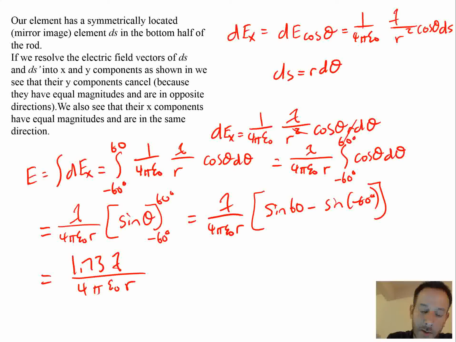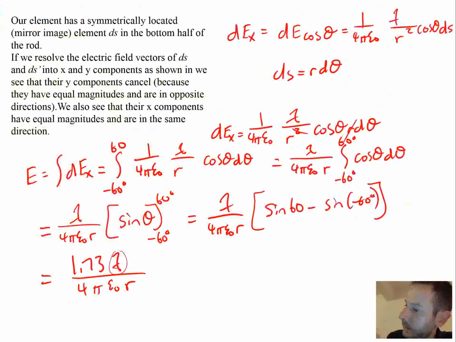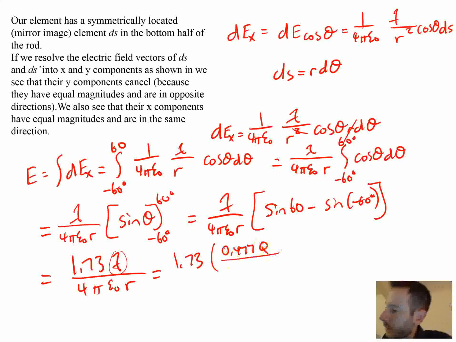Now, going back to the beginning, we can plug in our charge density. We found that our charge density was going to be q over 2 pi r divided by 3. Plugging that in, numerically we get 0.477 q divided by r, divided by 4 pi epsilon naught r.